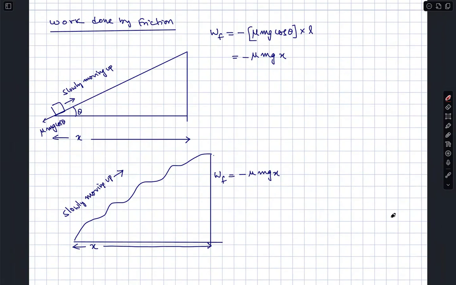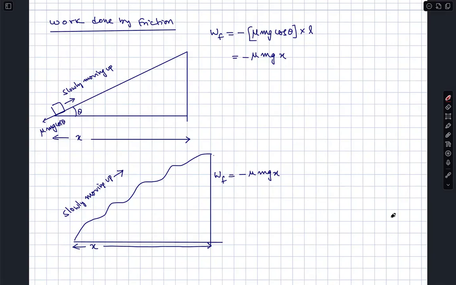The work done by the friction is mu mg cos theta into L, L being the slanting length of the inclined plane, but L cos theta is x. This is the fundamental observation. So work done is minus mu mgx.